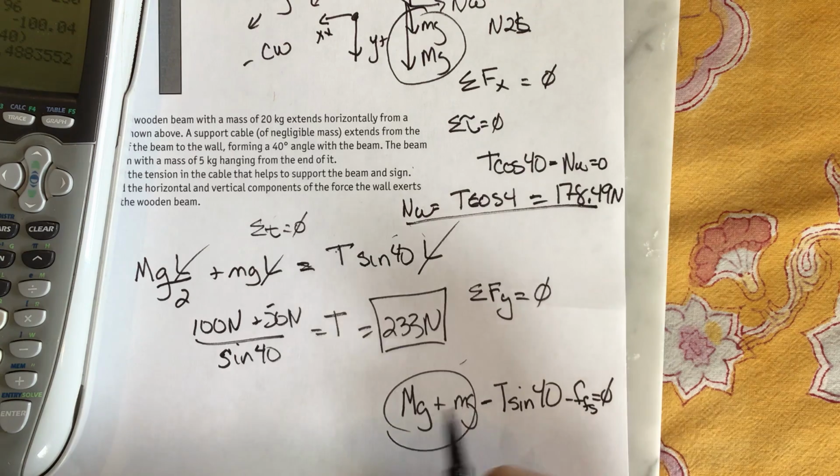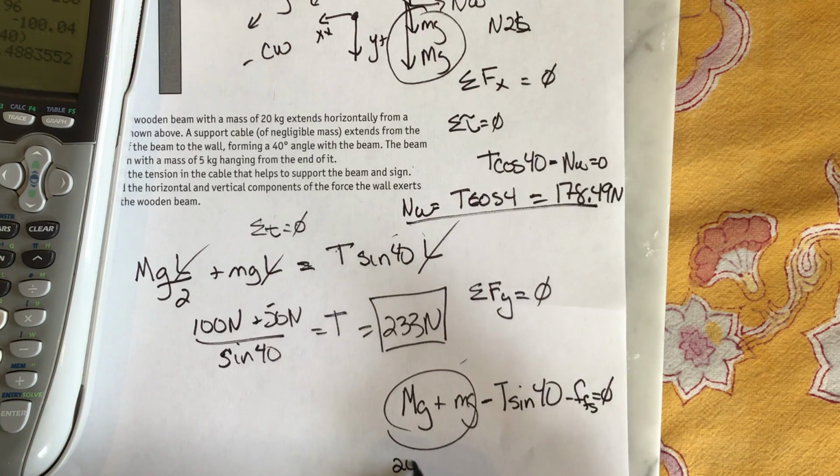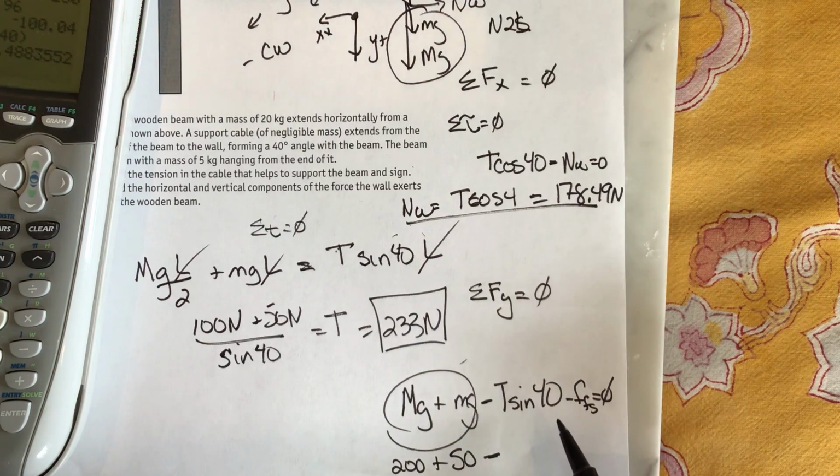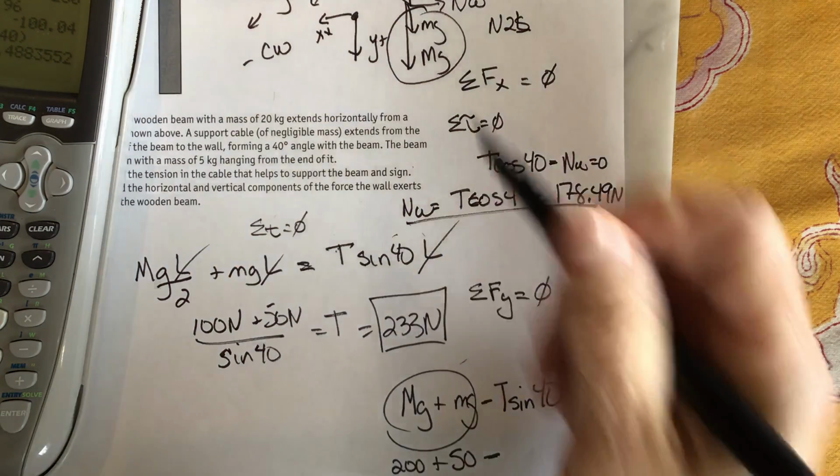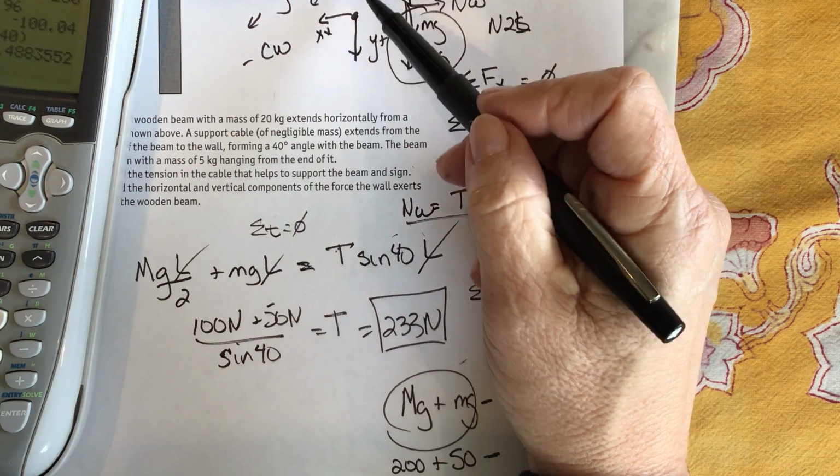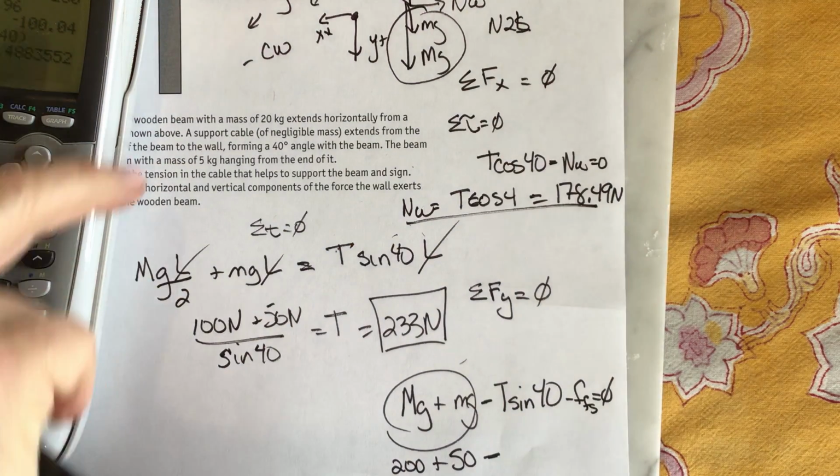So these guys, let's see, what do we have? We've got 200 plus 50, and then I can subtract the tension in the y direction, and the way we define that coordinate system, that is going to be a subtraction, so we're good there.